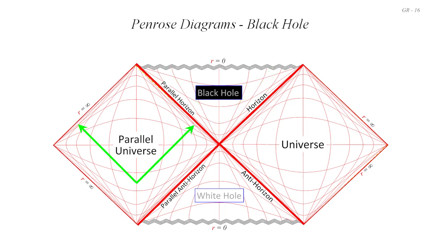Similarly, light in the parallel universe can only travel either to infinity or into the black hole via the parallel horizon, whereas it would seem that light within the horizon of the white hole can only travel outwards either into the parallel universe or into what we might call the ordinary universe through the anti-horizon.